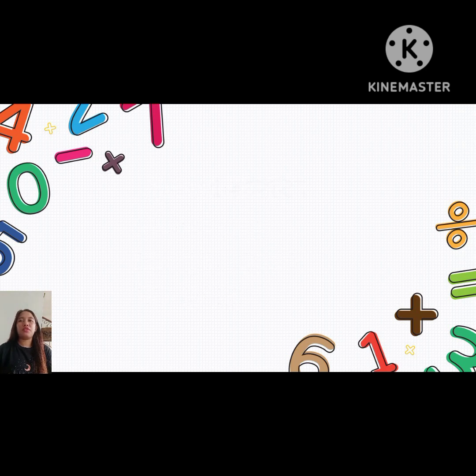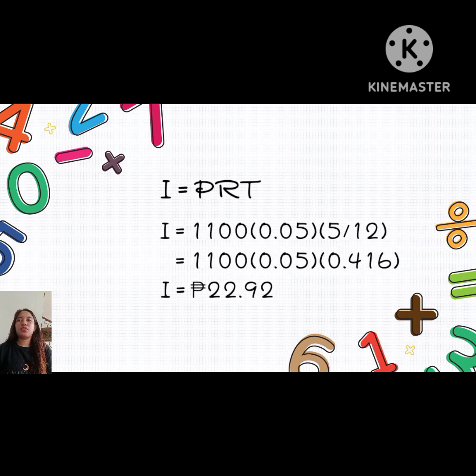Solve the amount of interest using the formula I = PRT. Substitute: I is equal to 1,100 pesos times 5% times 5 over 12. So 1,100 pesos times, converting it into a decimal, 0.05 times 0.416.